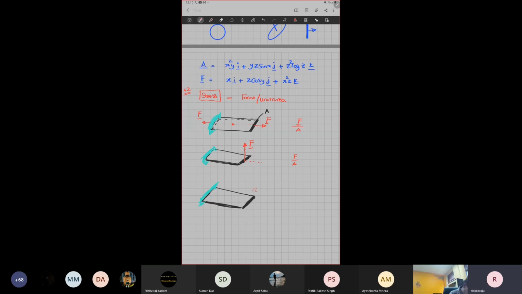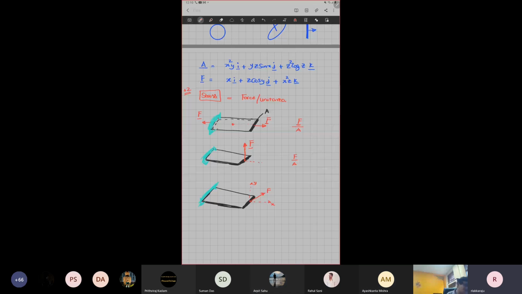Now I'm going to apply neither in this direction nor in that direction, but somewhat inclined to that. It's not the third dimension of Z, but somewhat inclined to that plane, x-axis, y-axis. How to define stress? So we have to break components of this force.